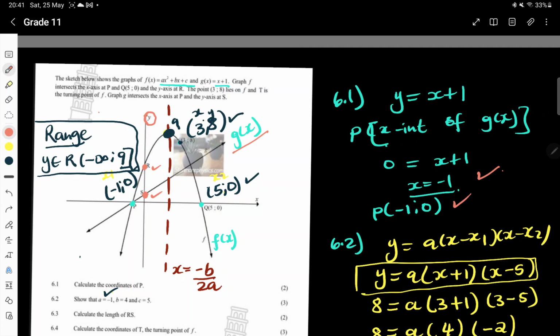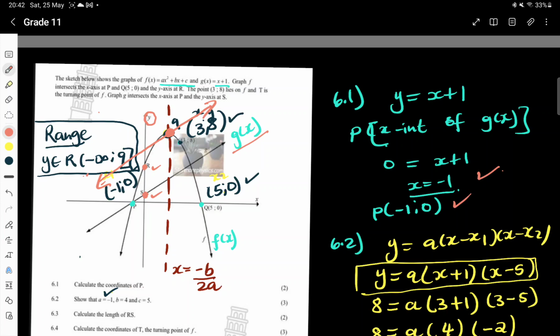Let's say it's a tangent. It touches the graph at one point. So they gave you an equation which is y equals x plus k. Now, where these two graphs meet, remember it's a point of intersection.